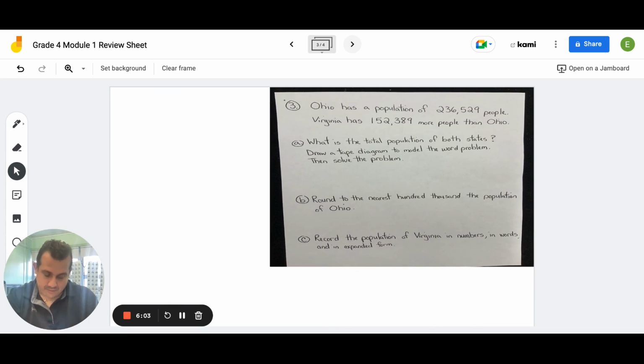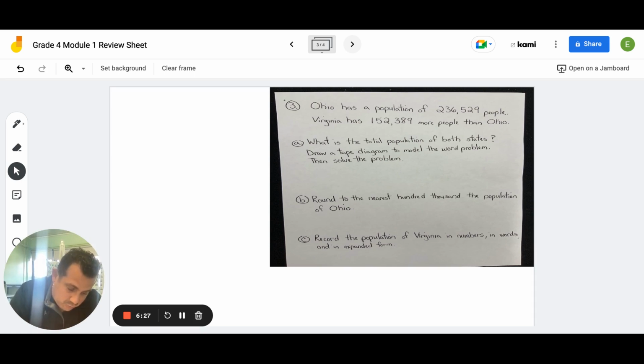Now we go to number 3. We have Ohio. Ohio has a population of 236,529 people. Virginia has 152,389 more people than Ohio.